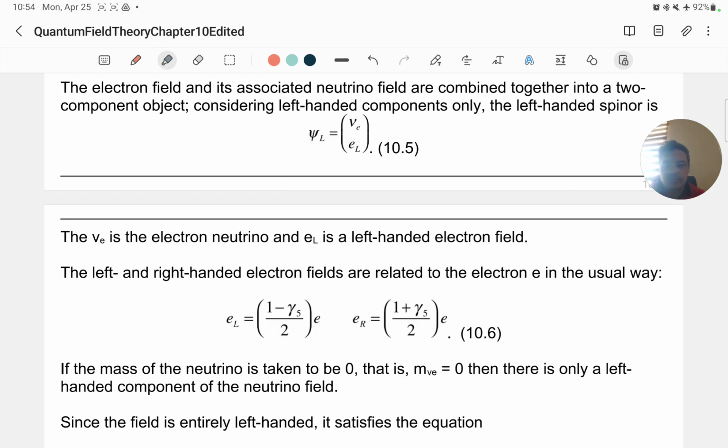Since the electron neutrino is massless, the spinor for the right-handed leptons would have a zero component on the upper corner, and for the lower corner you have a right-handed electron. So again, the left-handed spinor is this one.